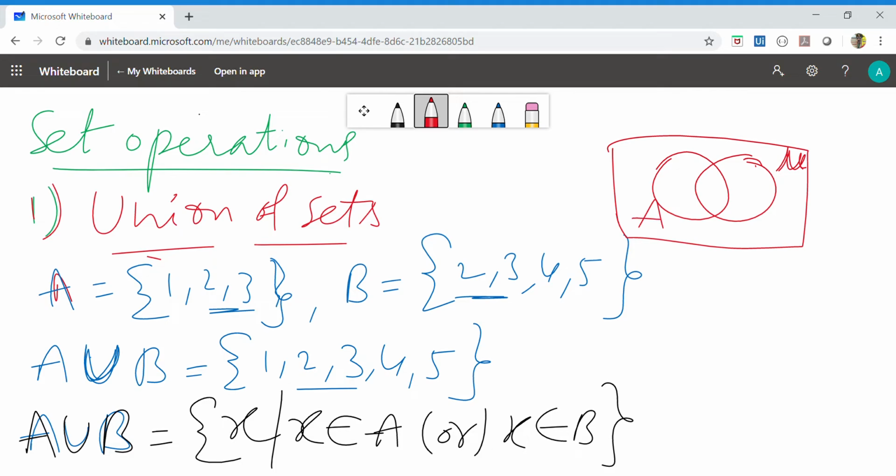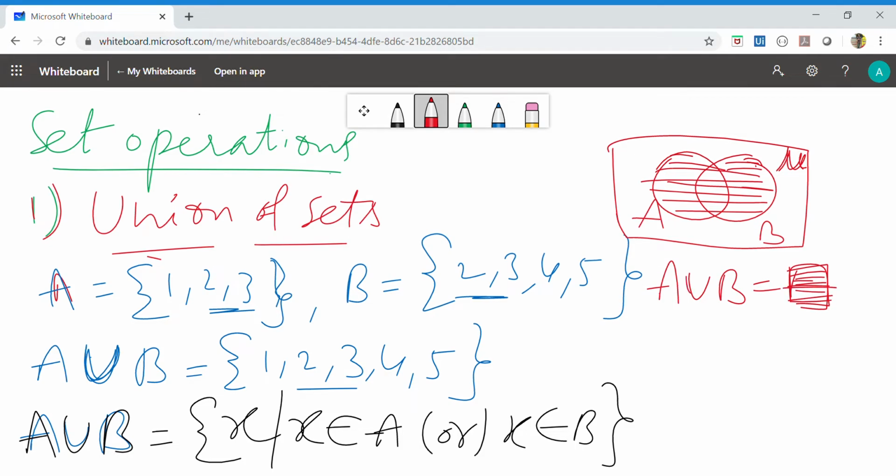This is set A and this is set B. A union B means all elements together in set A as well as set B. Which region represents A union B? The shaded region. So you draw it like this. The shaded region represents A union B. This is about A union B, the union of sets. All elements together without repetition is called the union of sets.